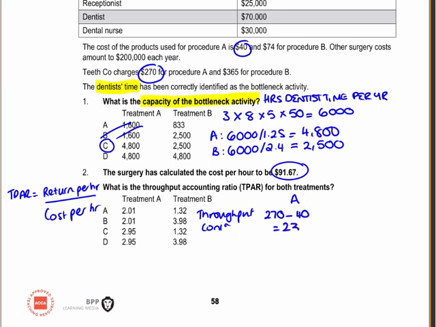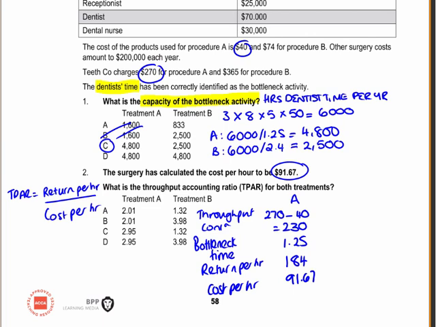So that's 230. And the time per treatment, the bottleneck time, or the dentist time, is 1.25 hours. So the return per hour is 184. Divide that by the cost per hour, 91.67, and you get the throughput ratio, which is 2.01.